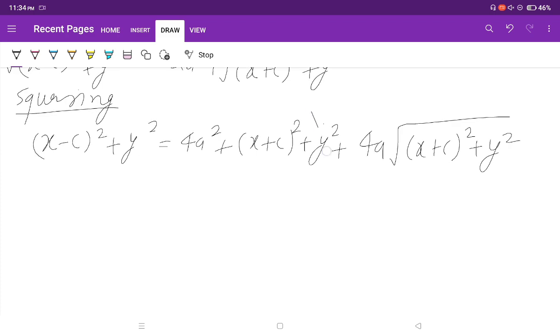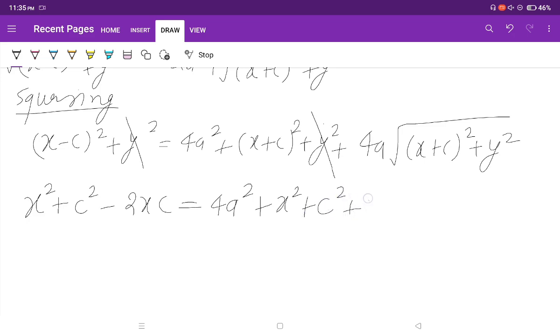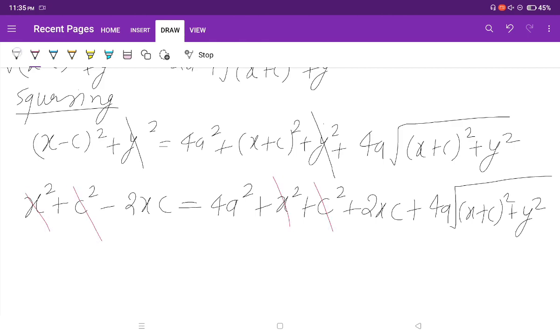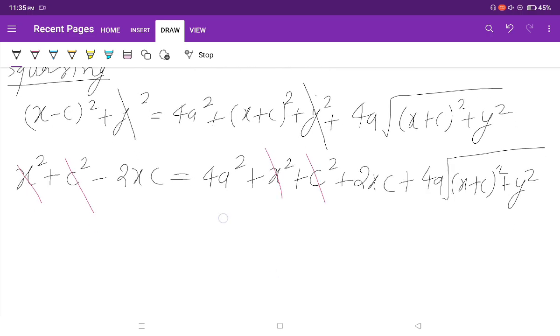Now let's simplify. We have y square cancel out y square, right? So x square plus c square minus 2xc equals 4a square plus x square plus c square plus 2xc plus 4a root over (x + c) square plus y square, right? Now we have x square cancel out x square, c square cancel out c square. Now let's further simplify.